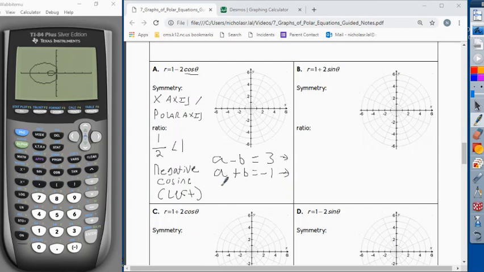And a is equal to 1. That's going up and down. So let's plot our points.